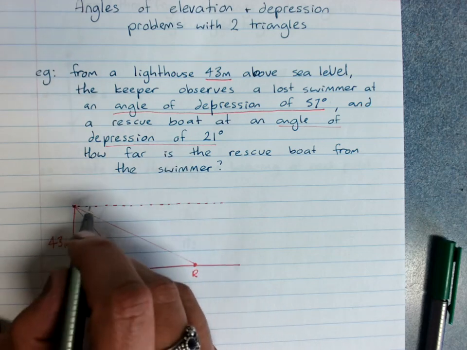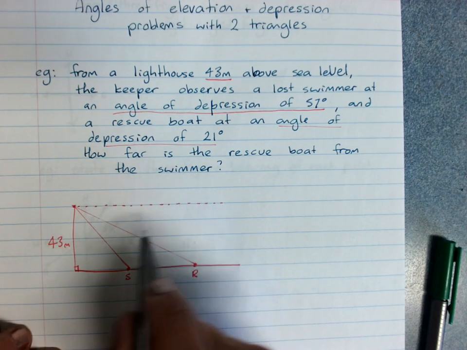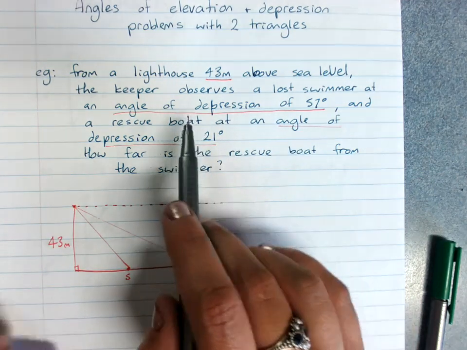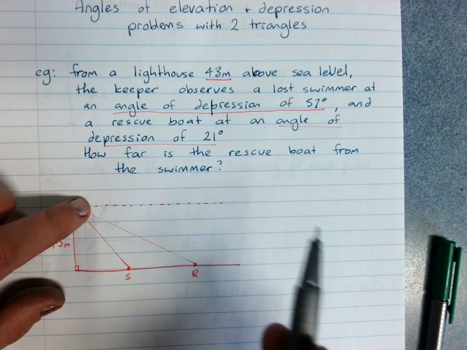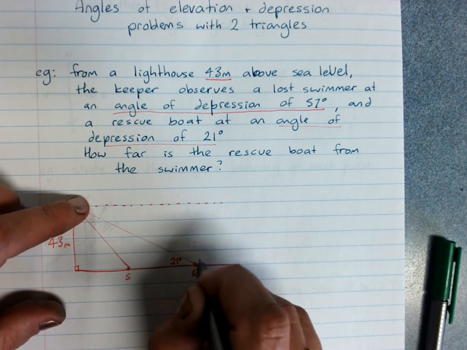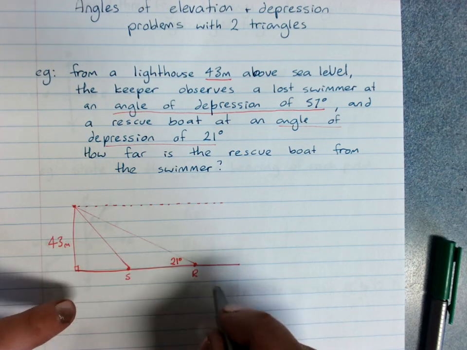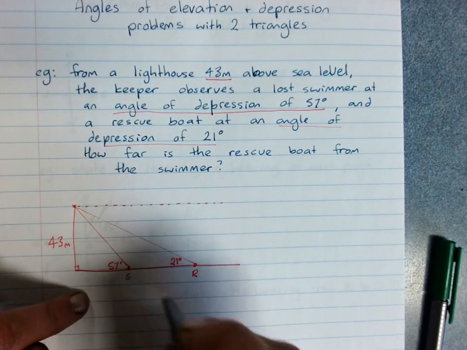Now, you can put your angles of depression up here, but it's often easier, since angle of depression and elevation are the same, to put them down here, because then it's less crowded up the top. 57.